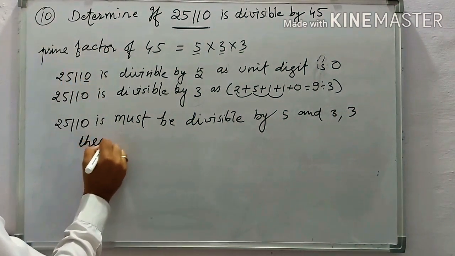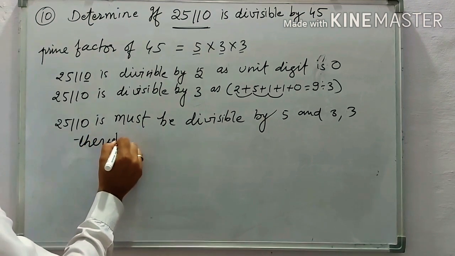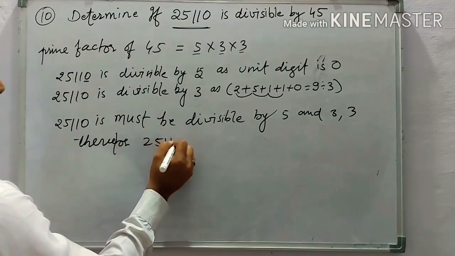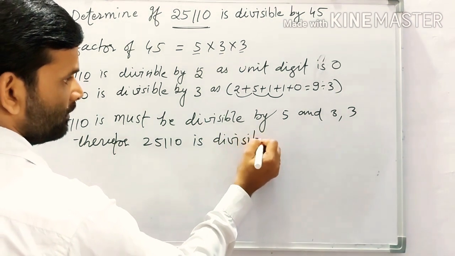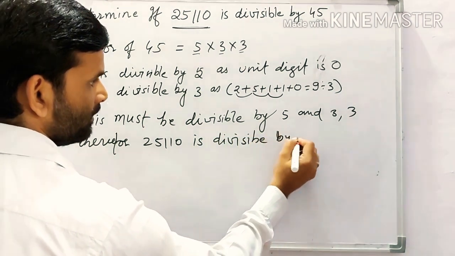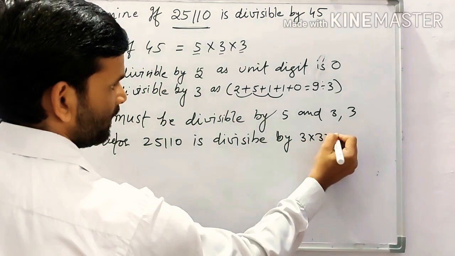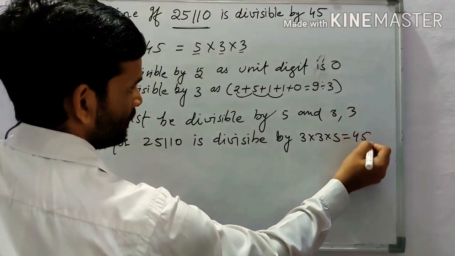Therefore 25,110 is divisible by 3 into 3 into 5, which is equal to 45.